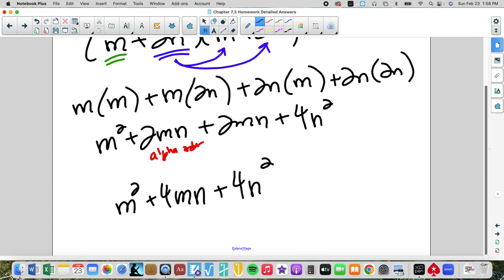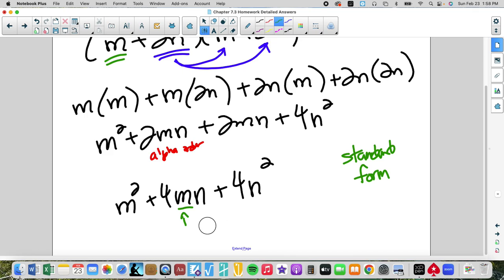Now, is it in standard form? So first term, first term, first term. This is m squared. It comes before m to the first. So we know that's going to be the first term. Let's look at the second and the third. Okay, m is going to come before n.